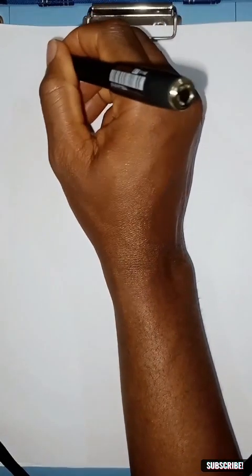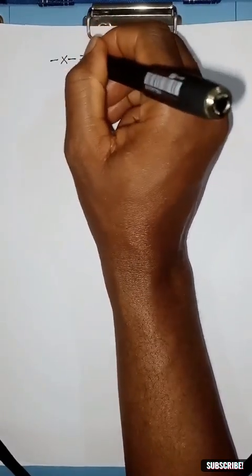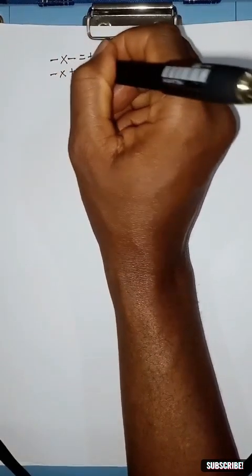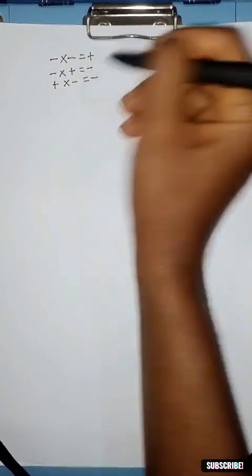Now, before I give you some work to do, let's go through what we've been doing in simplification. Recall, minus times minus is equal to plus. Minus times plus is equal to minus. Plus times minus is equal to minus.